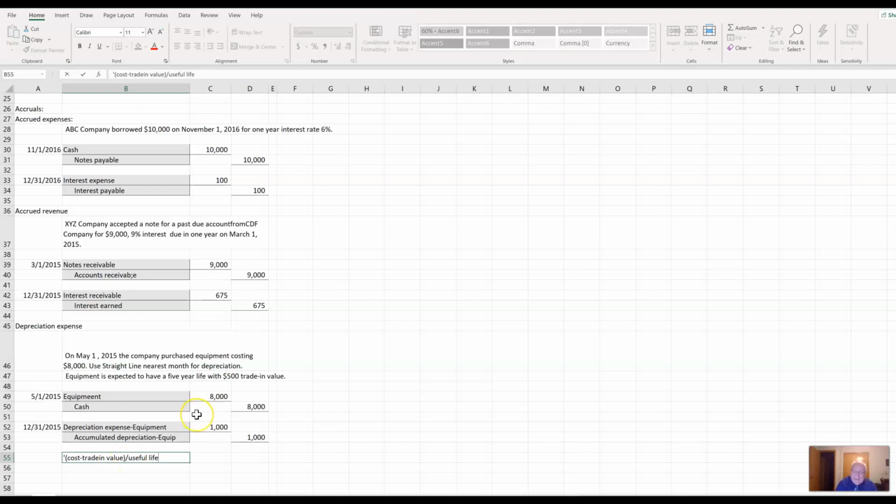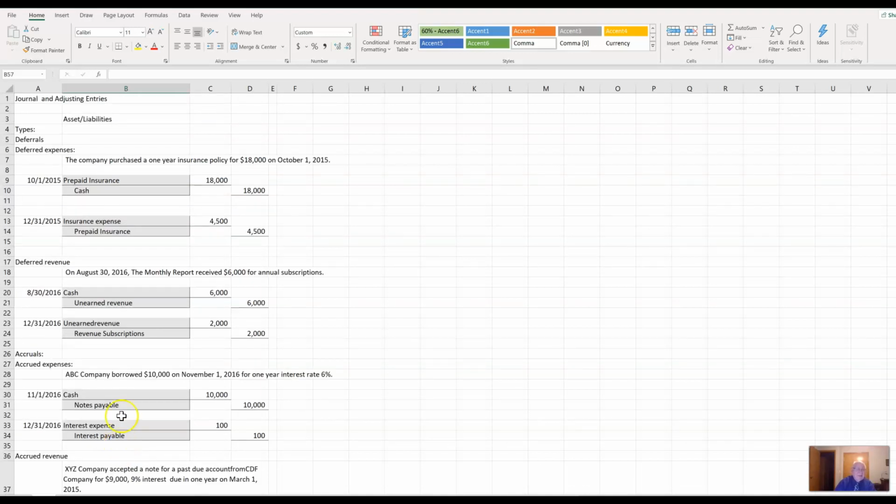Okay, and then like I said, for this class it'll be mainly for the full year, but on this one I didn't. So we take that times the partial year. How many months did you have it out of the 12? Okay, and that gives you the depreciation expense. Okay, that's an example of each of the journal entries.